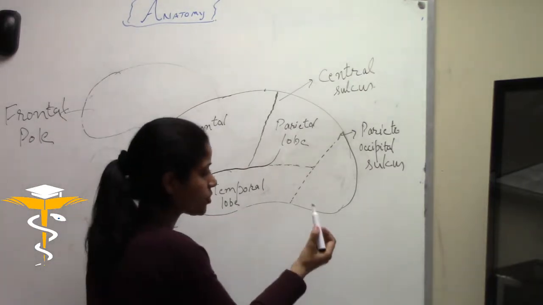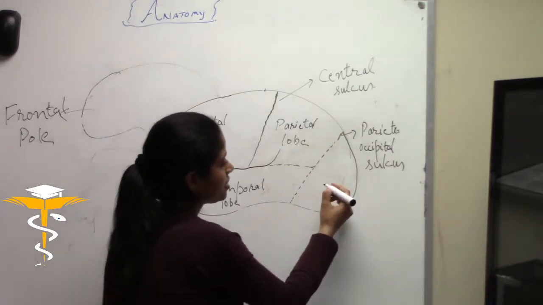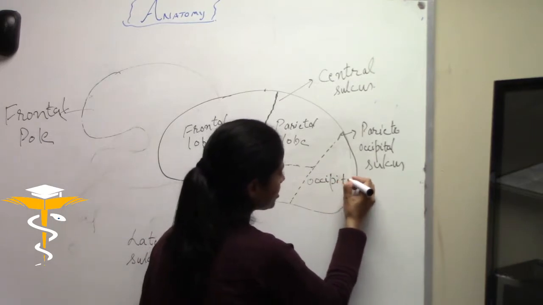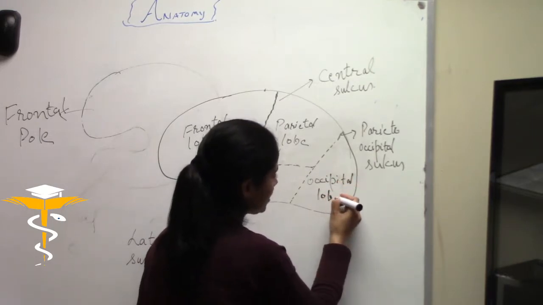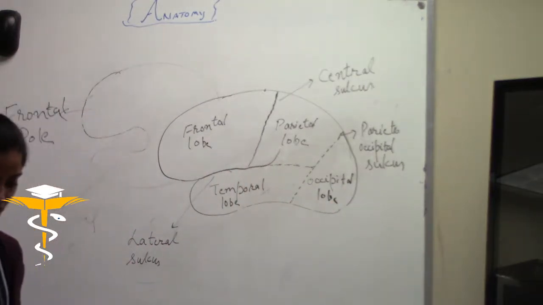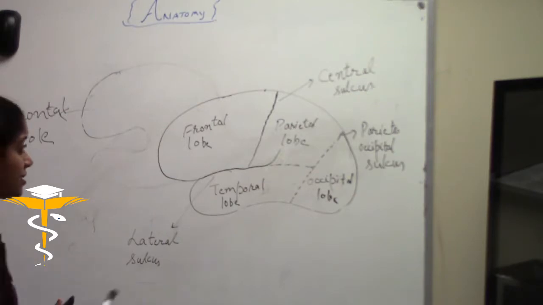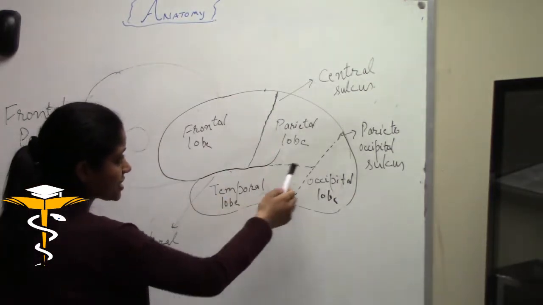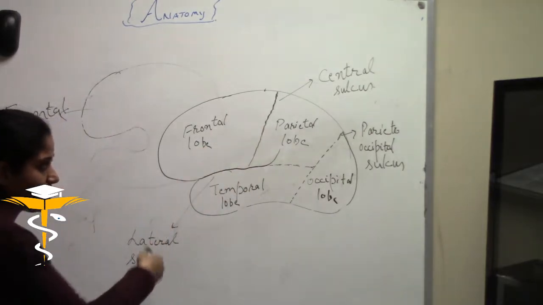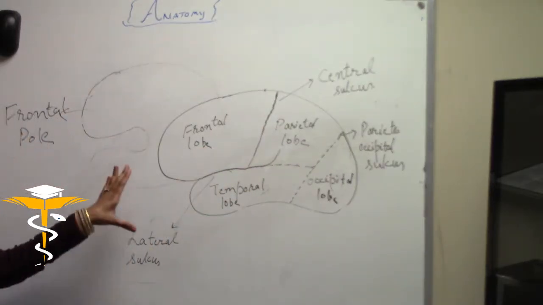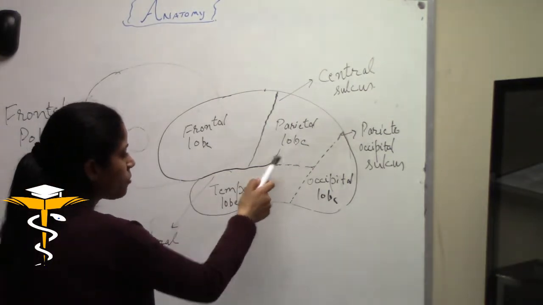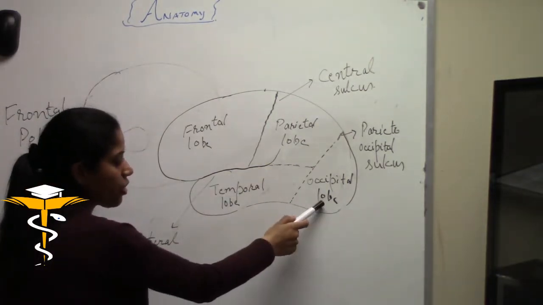And the fourth lobe, or the last lobe of the cerebrum, is the occipital lobe, which is lying behind the parieto-occipital sulcus. So this is how, via the various sulci and some imaginary lines, we demarcate the cerebrum, we divide the cerebral hemisphere into 4 lobes named as frontal lobe, parietal lobe, temporal lobe and occipital lobe.